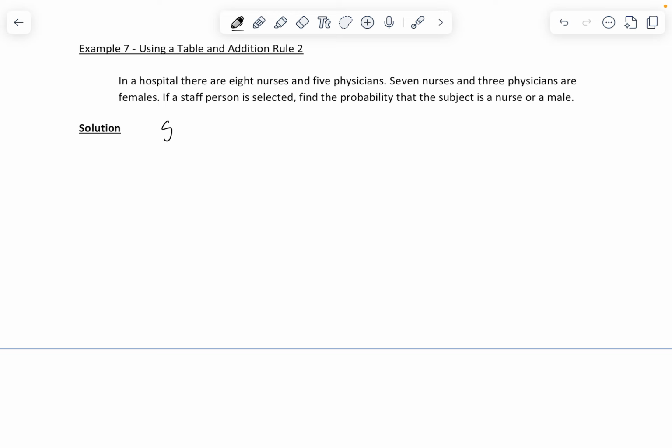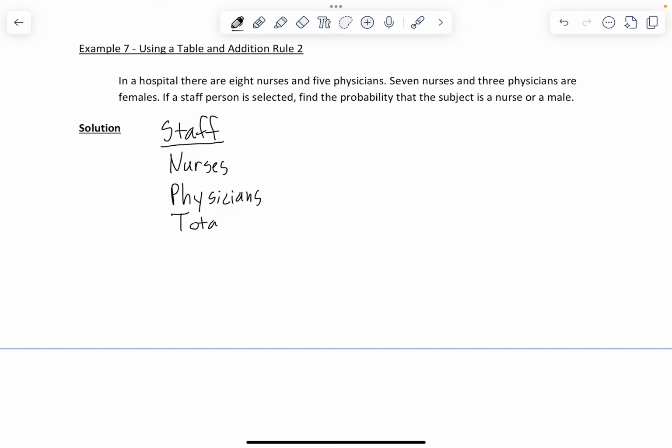So we'll make a little column here, which we'll label nurses, physicians, and total. And then we've got females and males.